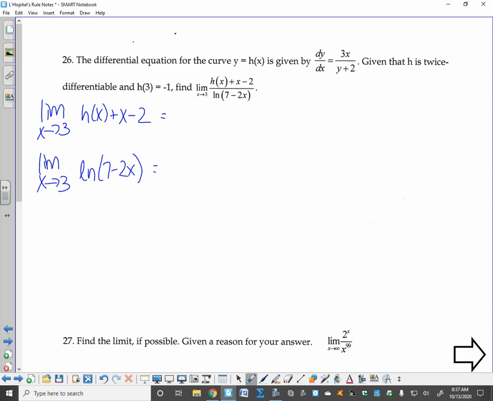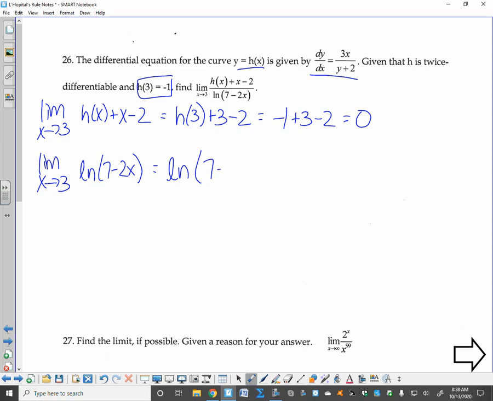So I need h of 3 plus 3 minus 2. Well, that's the derivative. Oh, here it is. H of 3 is -1. -1 plus 3 minus 2 is 0. Should have expected.